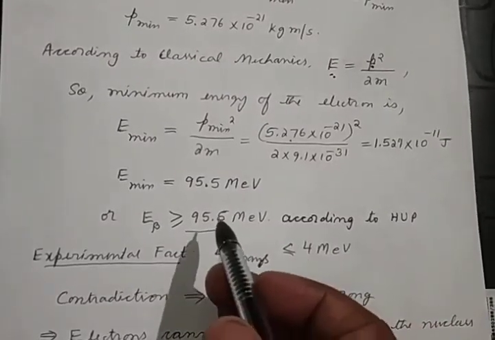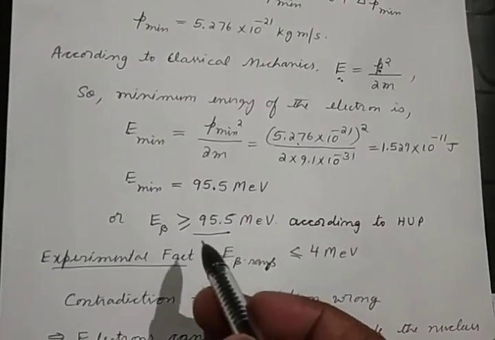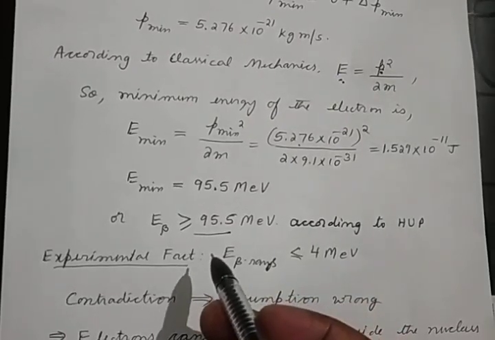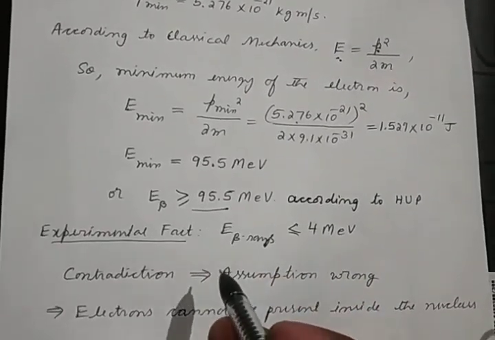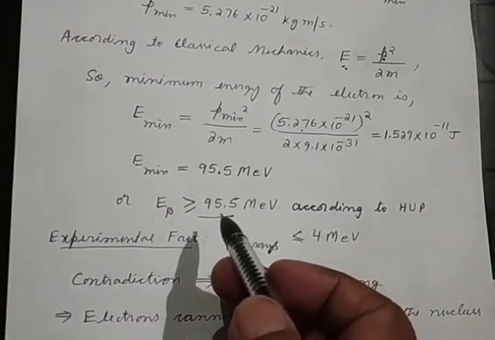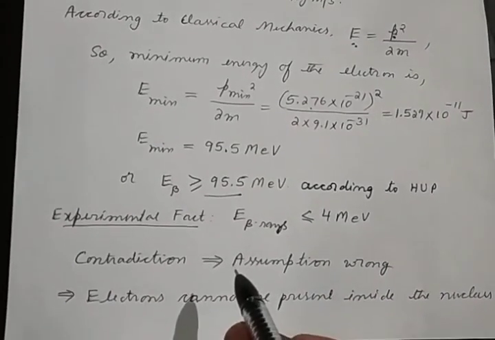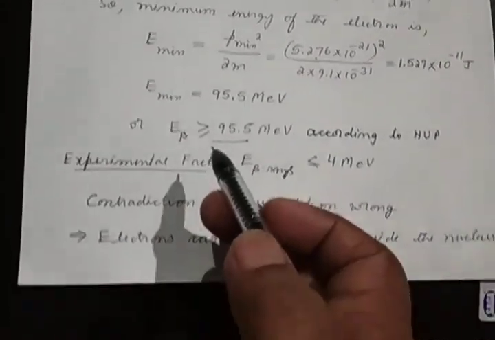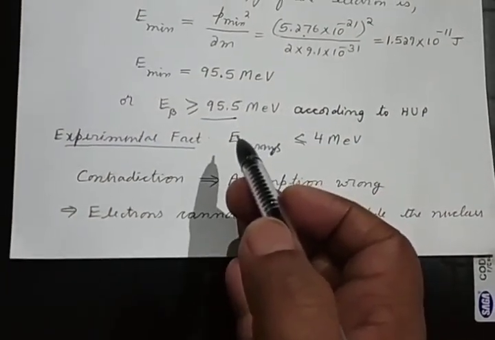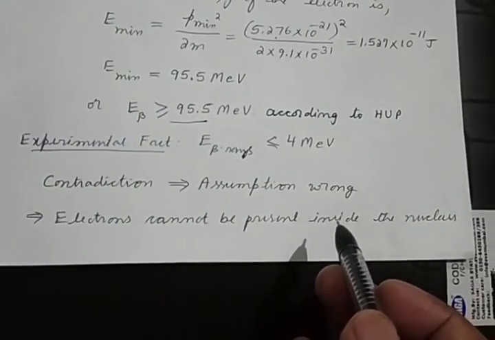So this is a contradiction between the experimental fact and the prediction obtained using Heisenberg's uncertainty principle. Why are we getting this contradiction? It is because of the initial assumption we started with, that the electron is present inside the nucleus. That assumption must be wrong. Thus electrons cannot be present inside the nucleus.